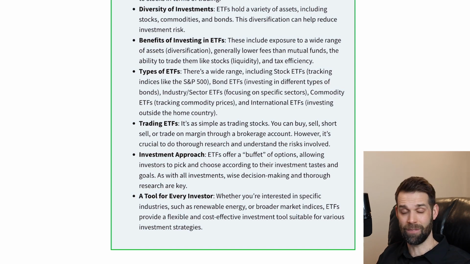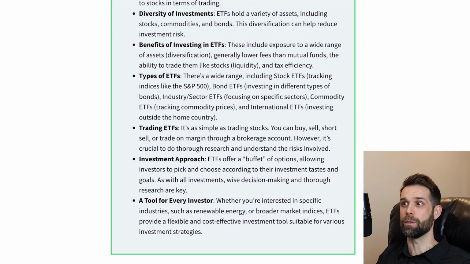Trading ETFs is very easy, as we mentioned. Just open a brokerage account online. They're a tool for every investor, whether you're interested in specific industries, such as renewable energy, or broader market indexes. ETFs provide a flexible and cost-effective investment tool for various investments.